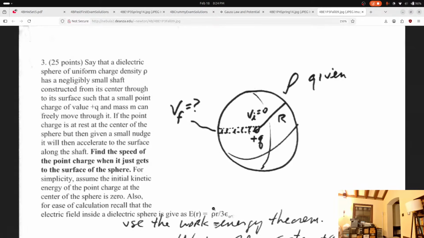That's good. Okay, so then work is equal to minus Q times minus delta V.